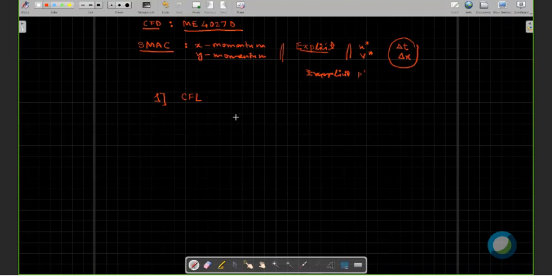And for a 3D problem, this CFL criteria is delta t multiplied by magnitude of u divided by delta x plus magnitude of v divided by delta y plus magnitude of w divided by delta z should be less than or equal to 1. This condition has to be satisfied.